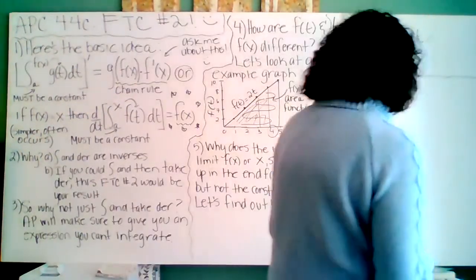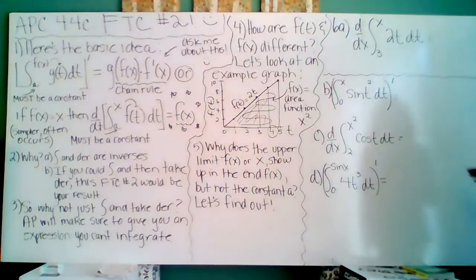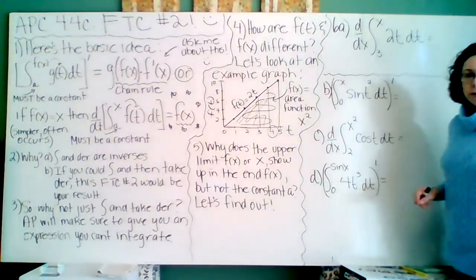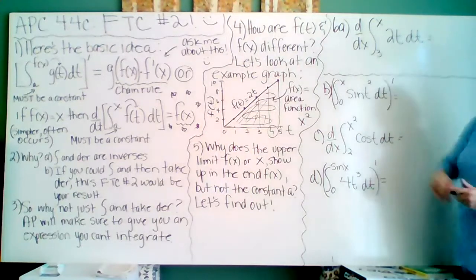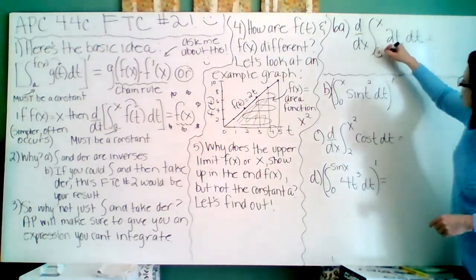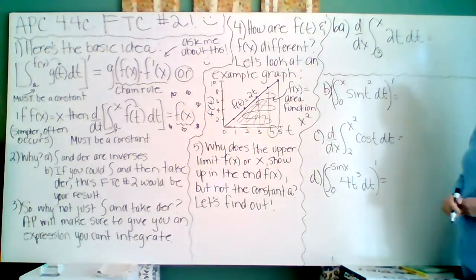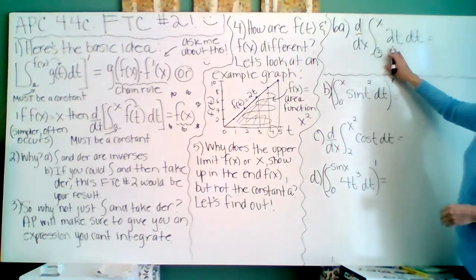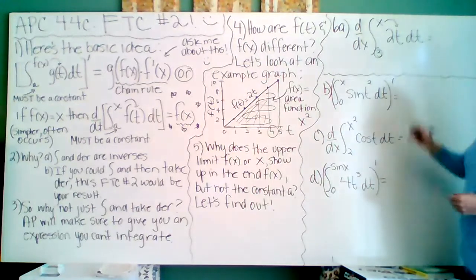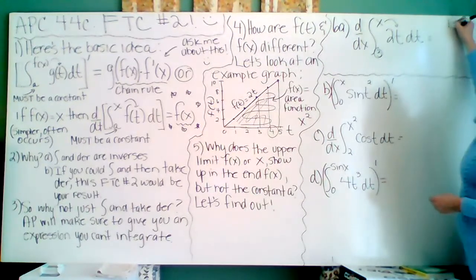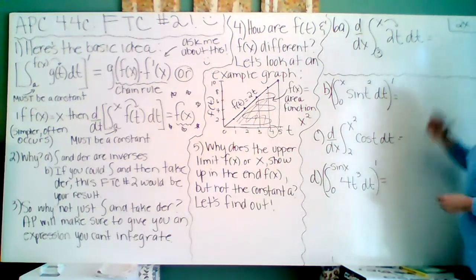So here's what we're going to do. I know, according to this theorem, that when I have the derivative of an integral and the lower limit is a constant, the answer will be the function evaluated at the upper limit. I should get an answer of 2x here. Let's put that up in the corner.